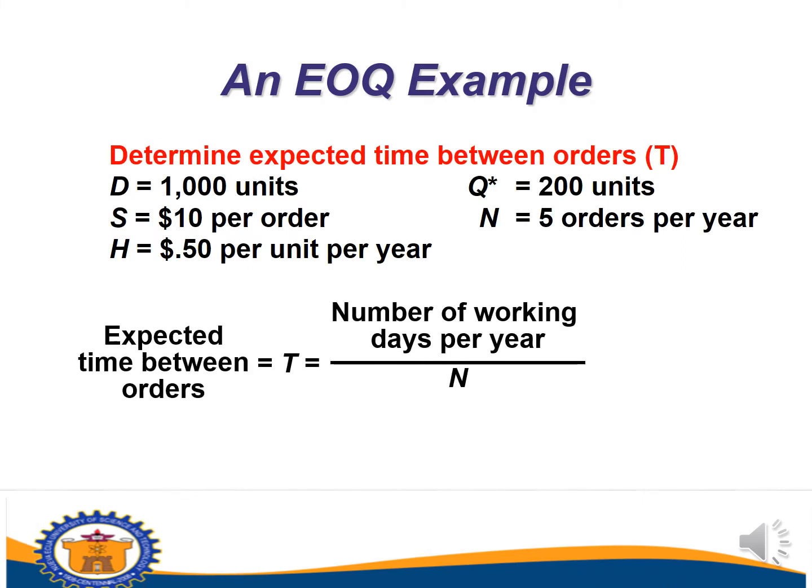Now that we have the number of orders per year, which is 5, we will proceed to calculating the expected time between orders, where the formula is number of working days per year over N. We assume 250 working days in a year, and 250 over 5 is equal to 50. Therefore, there are 50 days between orders.